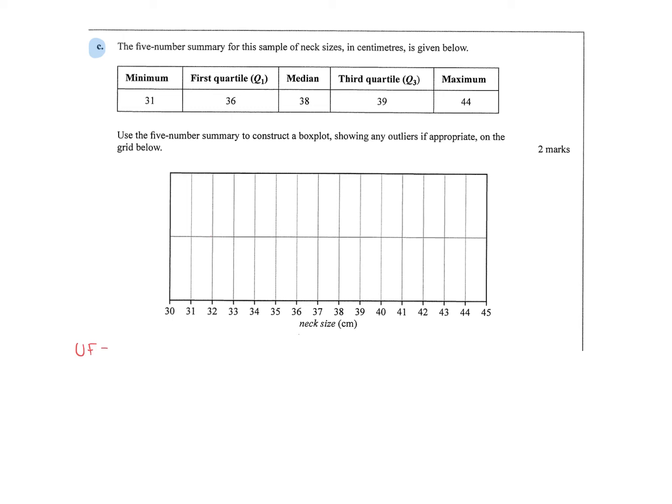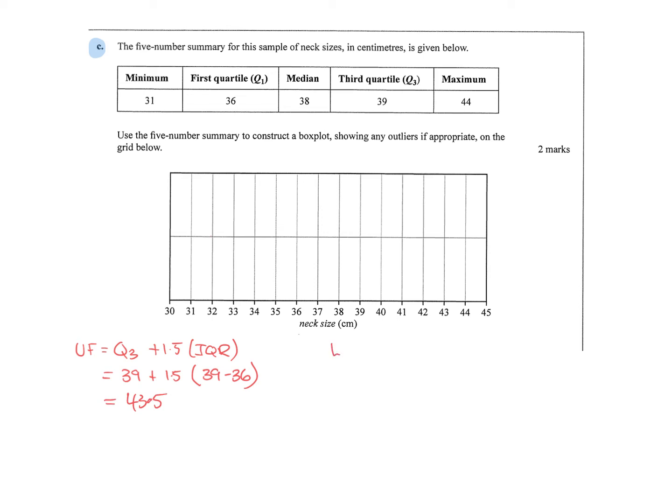So the upper fence is Q3 plus 1.5 times the IQR. In this case, it'll be 39 plus 1.5 times 39 minus 36, which will equal, okay, we get 43.5 is our upper fence.